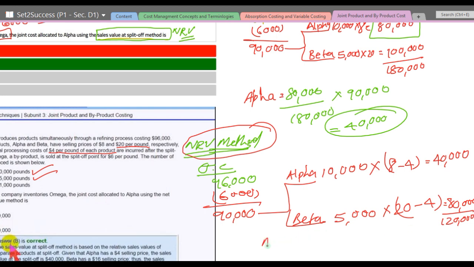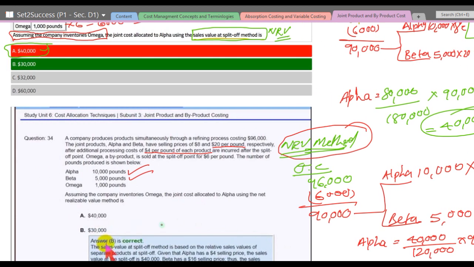Now for alpha, the joint cost allocated will be 40,000 by 120,000 into 90,000, the joint cost. So that is equal to 30,000.